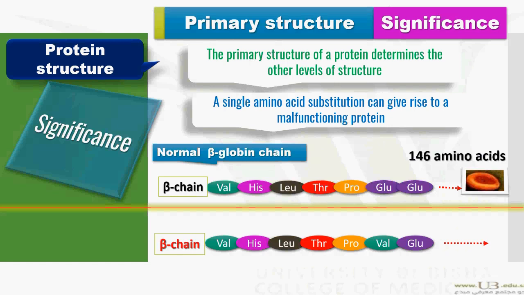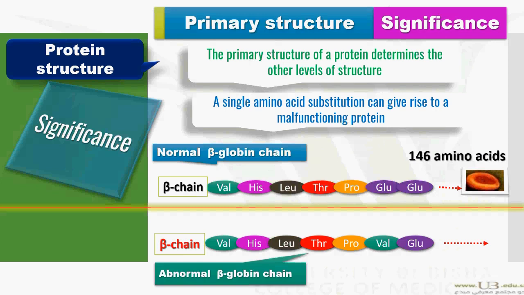In the second chain, glutamic acid is replaced by valine. So the substitution of the glutamic acid with valine makes this polypeptide chain slightly different.